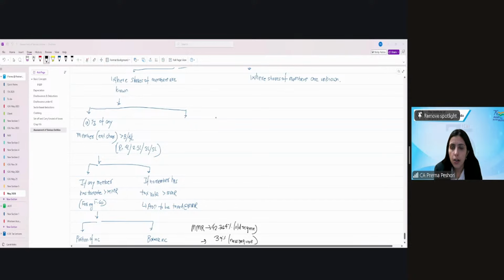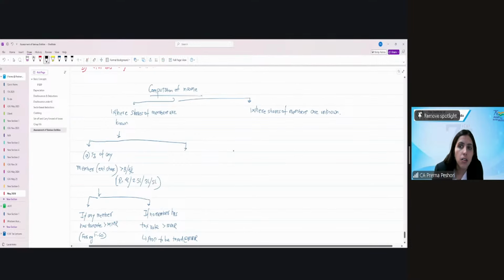Yes, ma'am. Okay. Now, the next part is where the AOP's member shares are unknown. We are not aware of how they are going to share the income. So, in case the shares of the members are unknown, again we need to check whether any member has a tax rate greater than MMR.